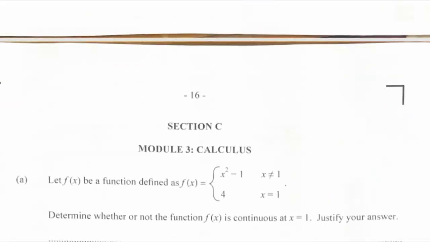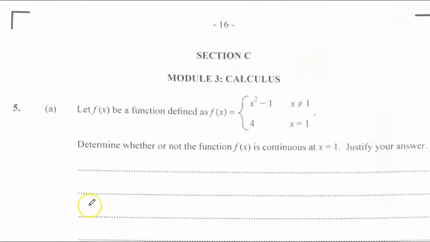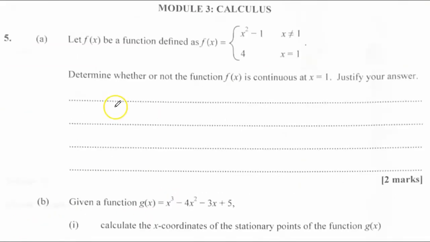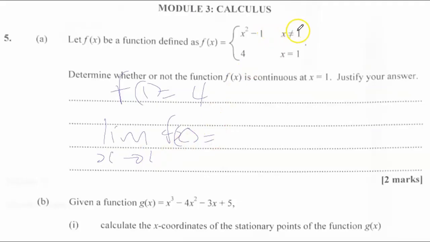Alright, let's move on now to question 5. We're given a piecewise function, and we're asked to determine whether or not the function is continuous at x equal to 1. Notice f of 1 is equal to 4, and the limit of f of x as x approaches 1, where x not equal to 1 means we approach 1 from both directions on the number line.